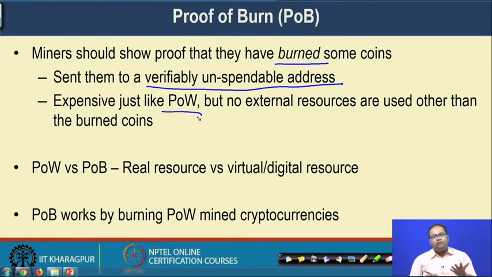In case of proof of work, your investment was the physical resources like your computational power and computation time, the electricity bill that you have to pay, and the physical money that you have to invest to purchase computational hardware. Here you have to spend digital or logical resources, which are the bitcoins. So, you have to spend certain bitcoins to participate in the mining procedure to show that you have interest in generating blocks.